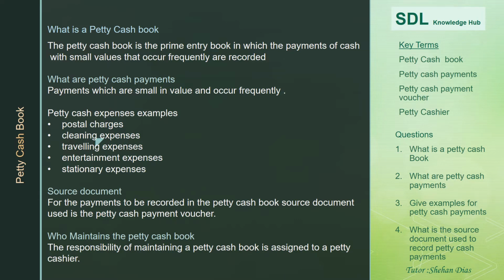The source document used to record the petty cash payments in the petty cash book is the petty cash payment voucher. So at the time of making petty cash payments, the petty cash payment voucher will be raised. The petty cash book is maintained by the petty cashier.